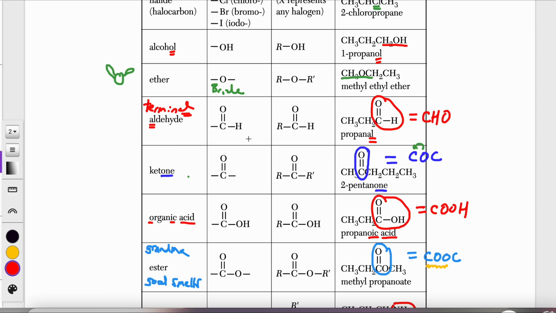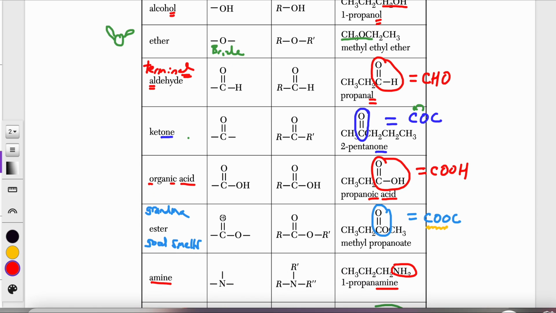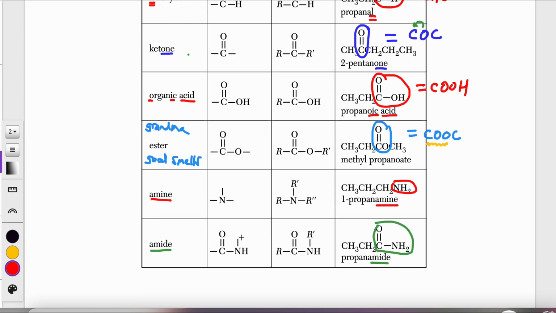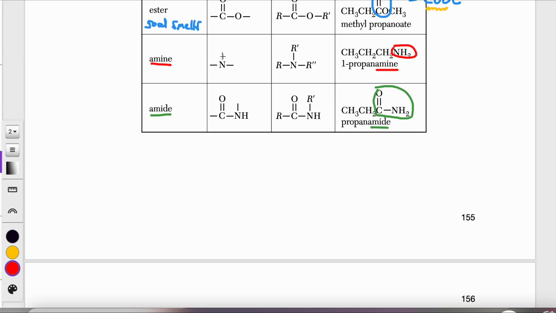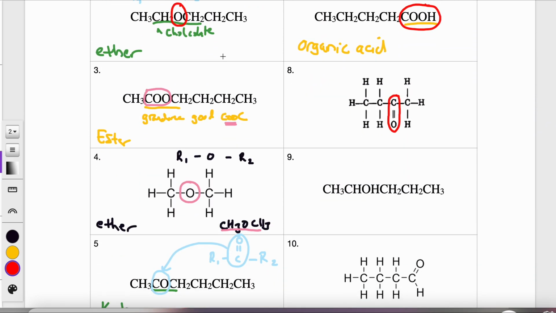Here's a double bonded oxygen on a carbon, no H. Double bonded oxygen, but there's an OH. Here's a double bonded oxygen, but it also has a second oxygen. And then here's a double bonded oxygen with a nitrogen. The only one that fits the bill is the ketone because it has a carbon with a double bonded oxygen, one double bonded oxygen. So this is a ketone.